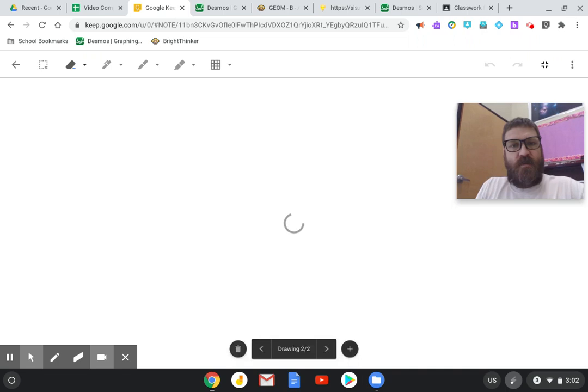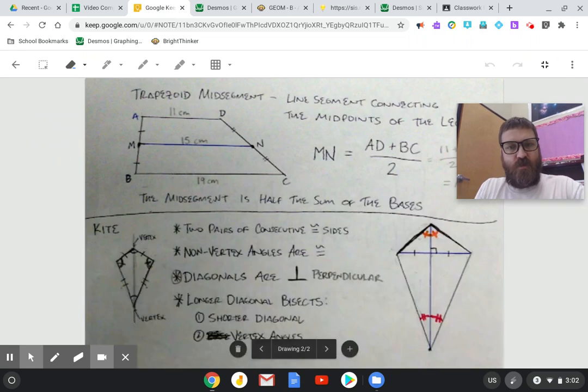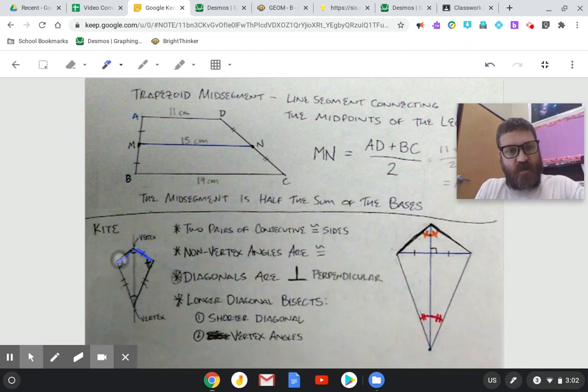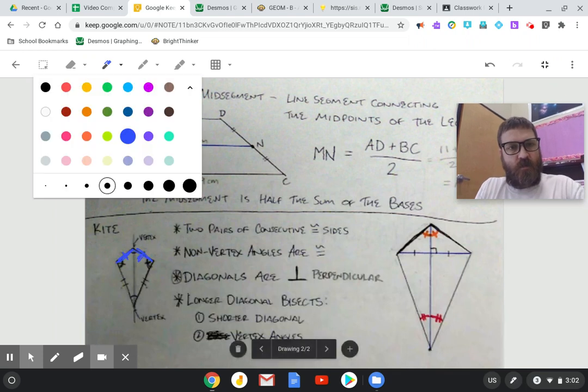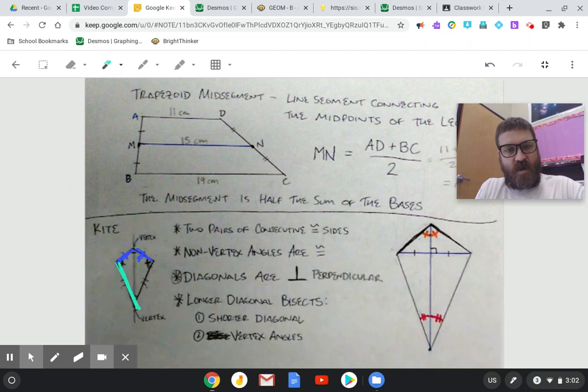and that is that kites have two pairs of consecutive congruent sides. That would be talking about this side and this side on the diagram. This side and this side are congruent to each other. And then this side and this side are congruent to each other.